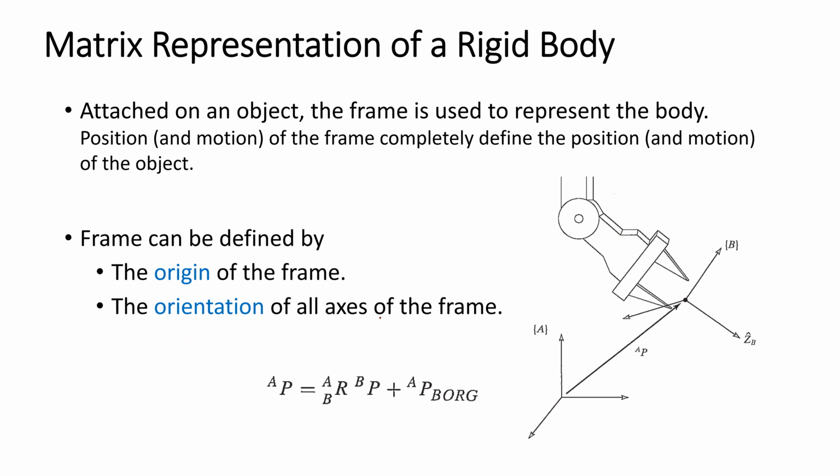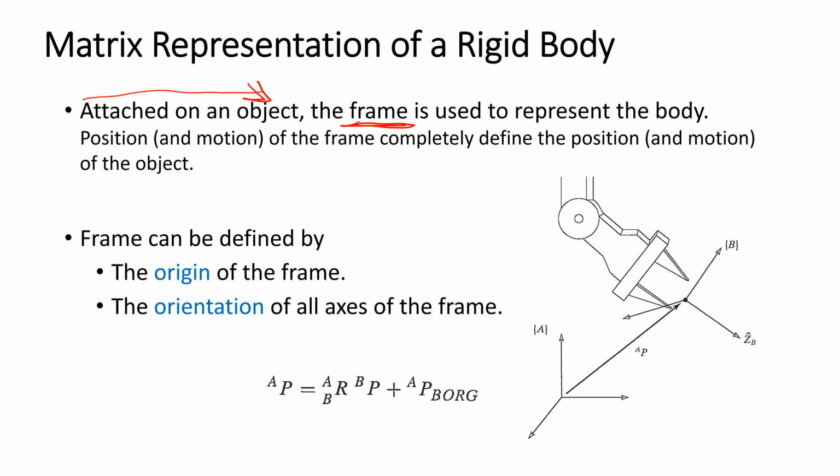We already said that the matrix representation of a rigid body is described by attaching a frame on an object. And the frame that is attached on an object will represent the body of that object.